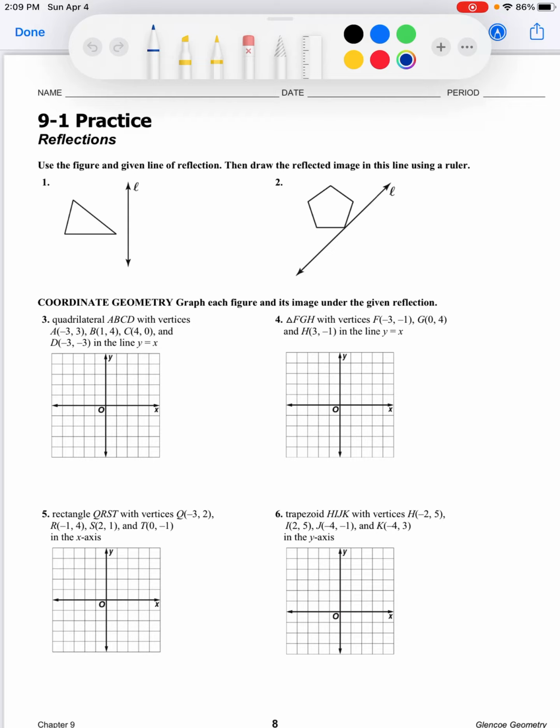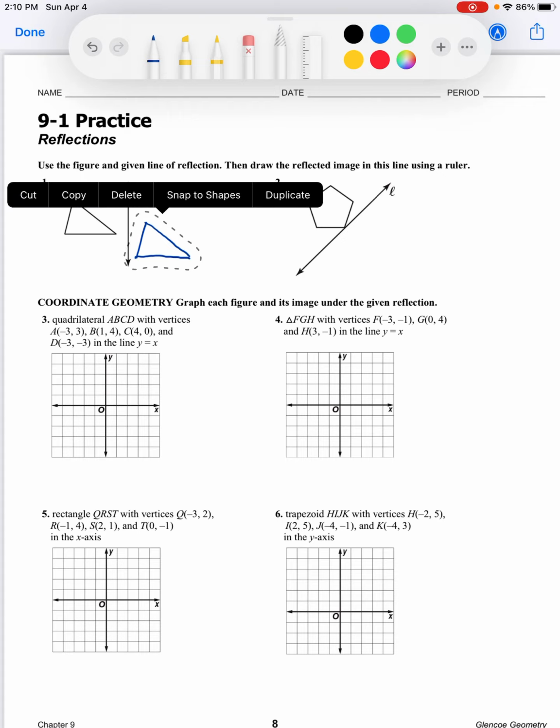That being said, a transformation is when you manipulate a shape, and you can do this a number of ways. If I traced this triangle right here, we could slide it over here. We can slide it anywhere.